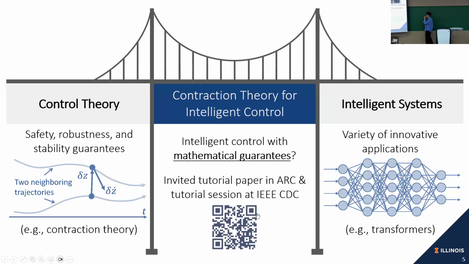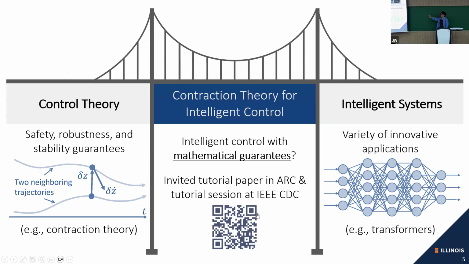In contrast, intelligent systems, which I'm using as a generic term, are systems with some sort of machine learning tools or data-driven approaches. Here, what we typically do is use a lot of data to make a good decision, but the guarantees can be casual there.